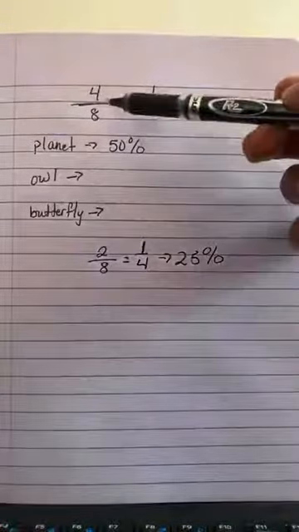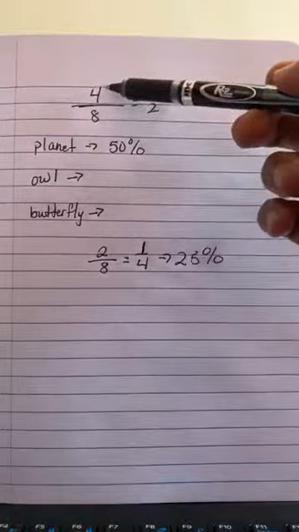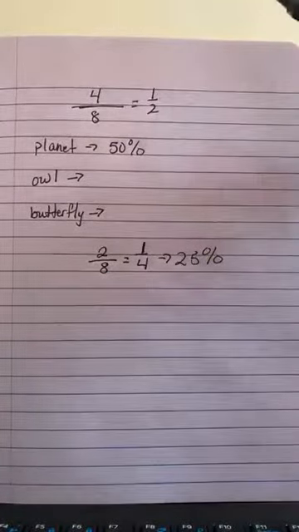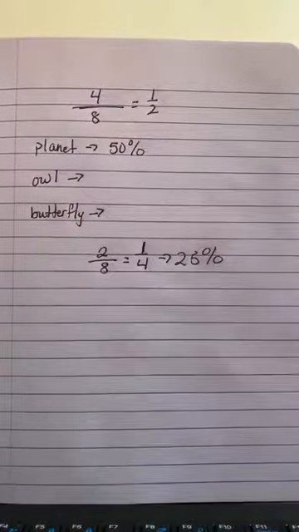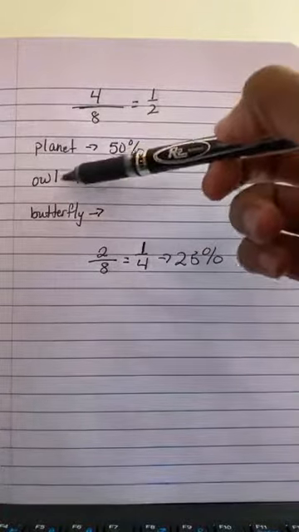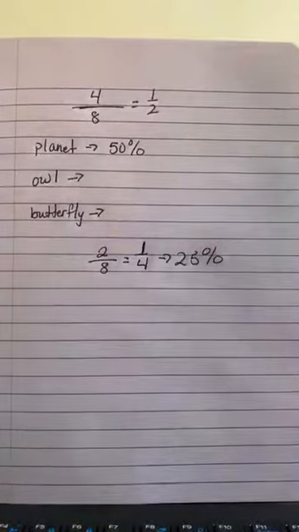Okay, so here we go. There was a total of 8, and there were 4 planets. So 4 over 8 reduces to 1/2. And we know that 1/2 as a percent is 50%. So for my planet, it was 50%. Now for the owl and the butterfly, there were 2 of each of them.